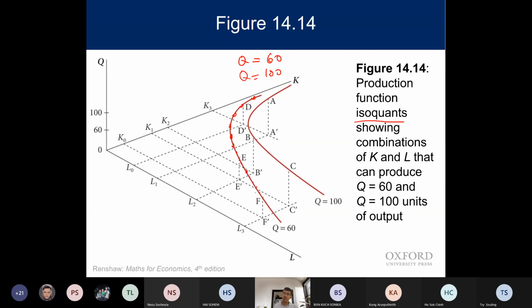And this is of course the curve of the isoquant, right? So this is the Q 60, I mean the 60 isoquant, right? And this is another isoquant, let's say the 100 isoquant, right? So look, it's just a curve that shows the relationship between K and L, right?